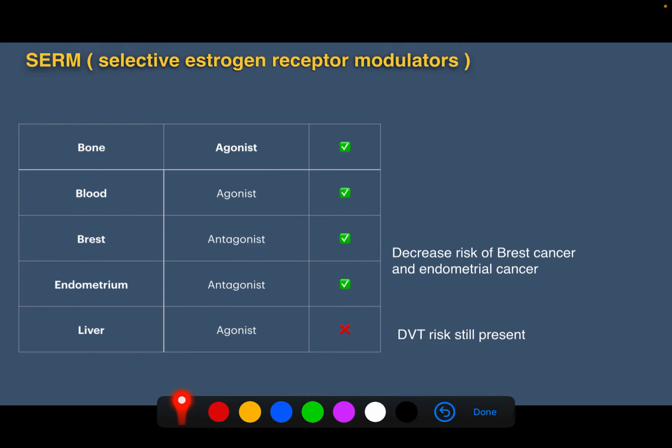So selective estrogen receptor modulators are obviously better than estrogen. But again my question is, can I give it to a normal person, you and me, having osteoporosis? No, because it still has DVT risk. So we won't give it in normal people having osteoporosis. We'll give them bisphosphonates only.